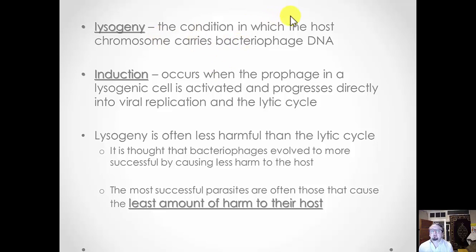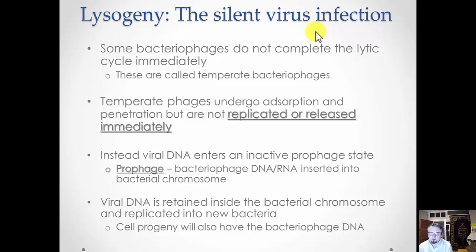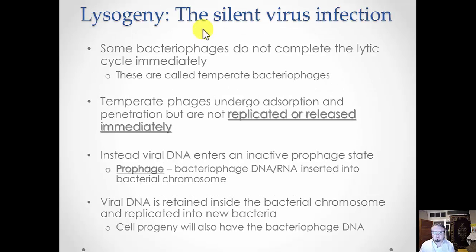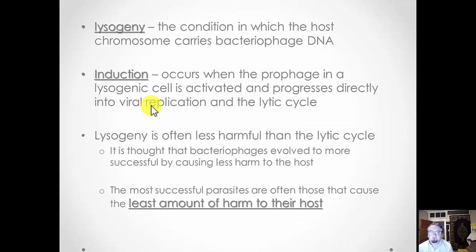So lysogeny is the condition in which the bacterial chromosome carries the bacteriophage DNA. The term prophage is in reference to the actual DNA of the bacteriophage itself. So they're talking about the same thing under a slightly different context. Lysogeny: bacteria carries prophage DNA. Prophage is the actual DNA itself. Hopefully that makes sense.